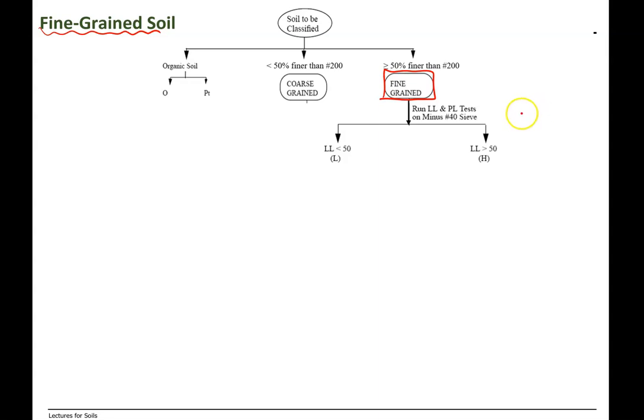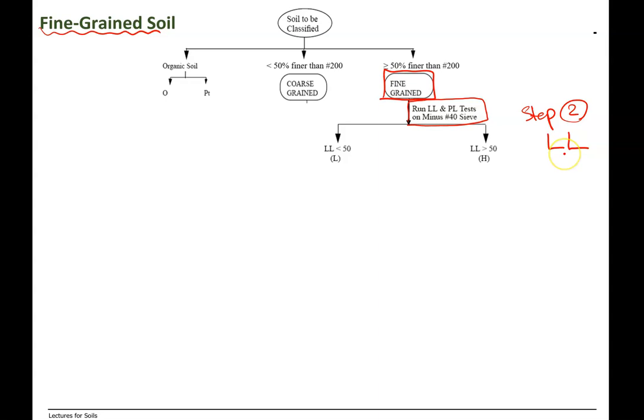Now our next step, or step two, is to look at liquid limit. Because again, when we have fine grained soil, what is important for us is plasticity. If we have material with high plasticity or low plasticity. So you need to run liquid limit and plastic limit tests on materials passing from sieve number 40.